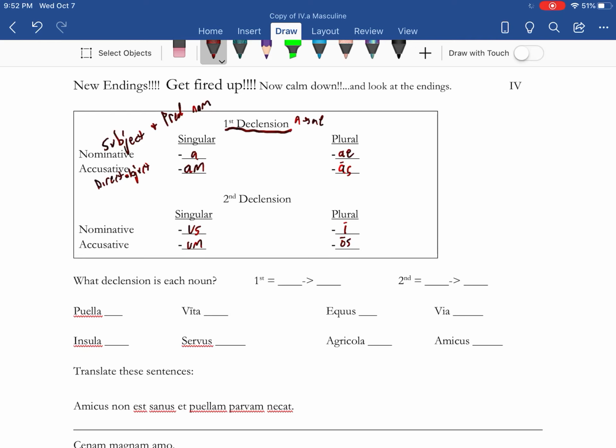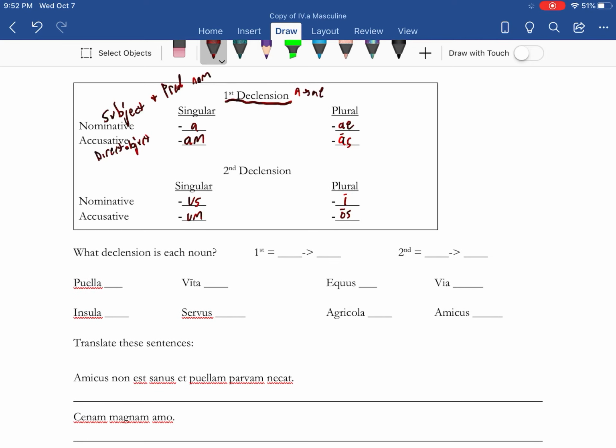So, what declension is each noun? A to AE, US to I. So, puella has the A, so that's going to be first declension. And that means it's going to have the endings that fit with the A, the AE, AM, AS. Agua ends in A, so it's first declension as well.